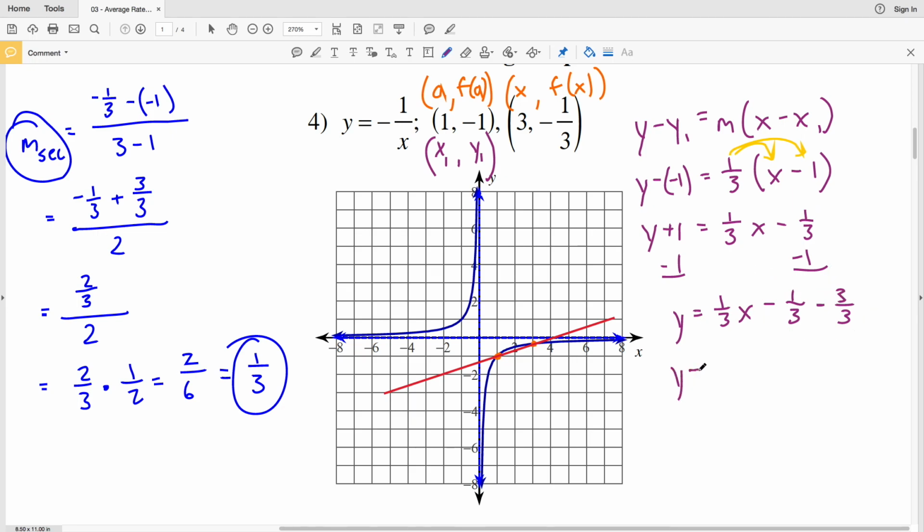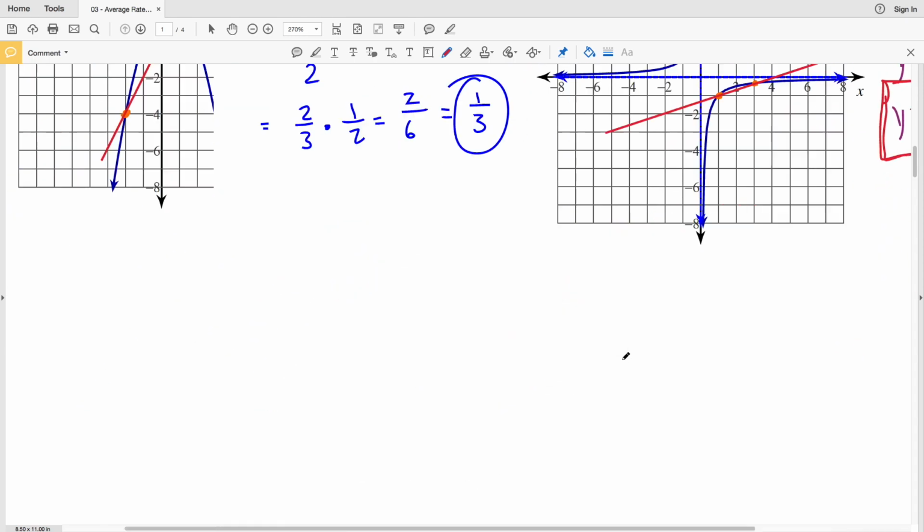So that's going to be y equal to 1/3 x minus 1 minus 3, but negative 1 minus 3 will be a negative 4, so I'm going to be subtracting 4/3. So the equation for my secant line in number 4 is y equals 1/3 x minus 4/3. So let's continue on to the second page.